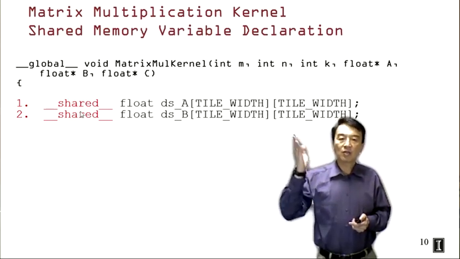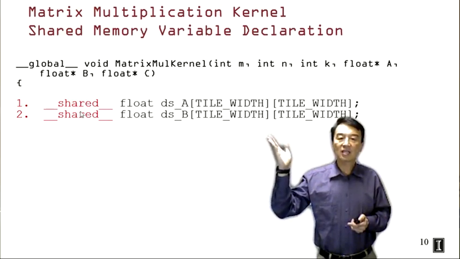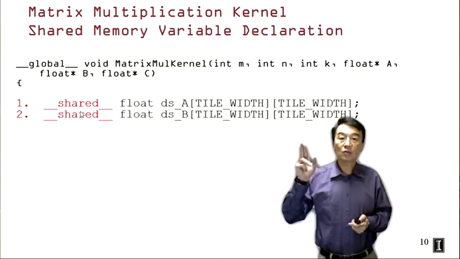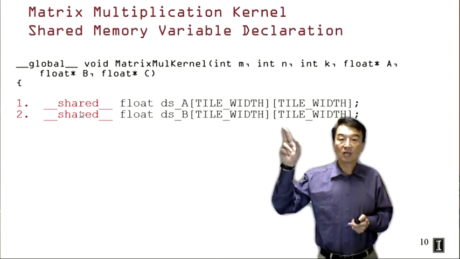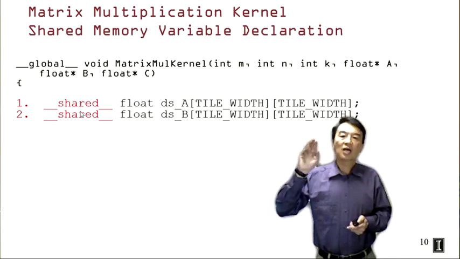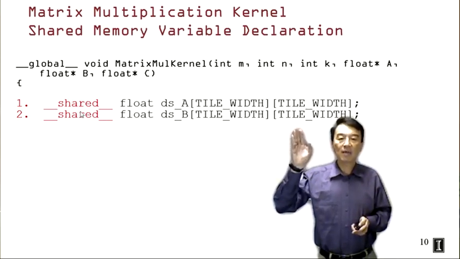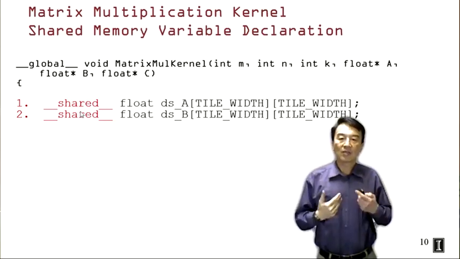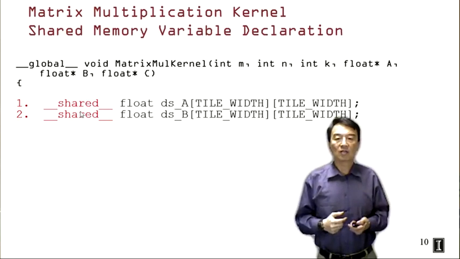Also, because we have a static declaration of the shared variables, we can use the two-dimensional array notation in C, and we don't need to linearize the index when we access statically declared shared variable arrays. However, if we choose to do dynamic allocation, then we will need to linearize the access. We're going to come back to this point later.